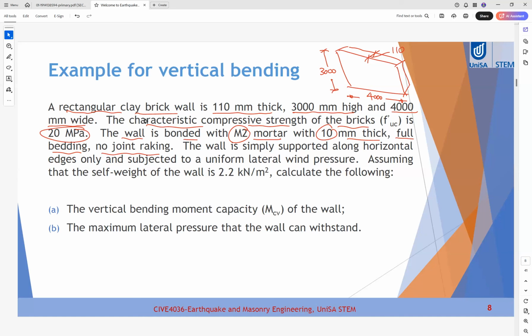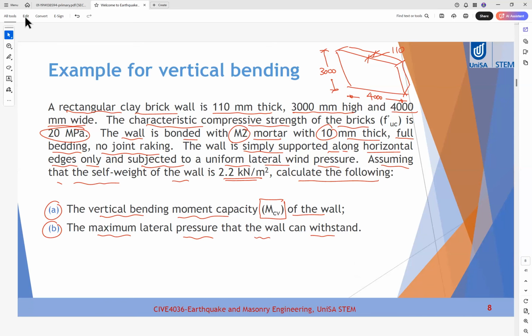The wall is simply supported along horizontal edges only and subject to a uniform lateral wind pressure. Assuming that the self weight of the wall is 2.2 kilonewton per meter squared, we need to find the vertical bending moment capacity, MCV, of the wall and the maximum lateral pressure that the wall can withstand.